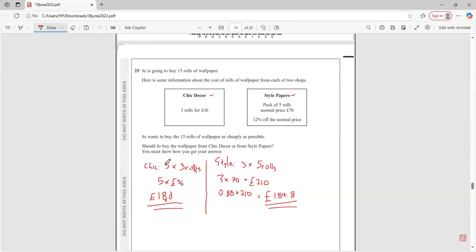But the question says she wants to buy rolls of wallpaper as cheaply as possible. So every pound counts. That's the catch, as cheaply as possible. So I think we will advise him to go with Chic Decor.